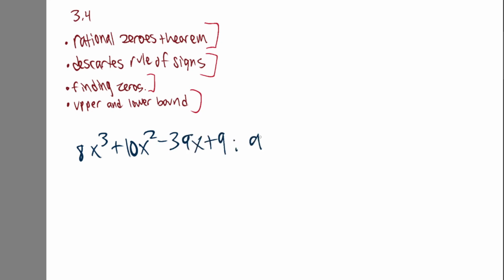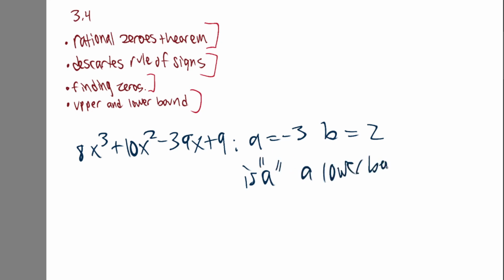And then it gives us a is equal to negative 3 and b is equal to positive 2. Luckily, we do not have to find the zeros. It's saying, is a a lower bound? And then it's saying, is b an upper bound?